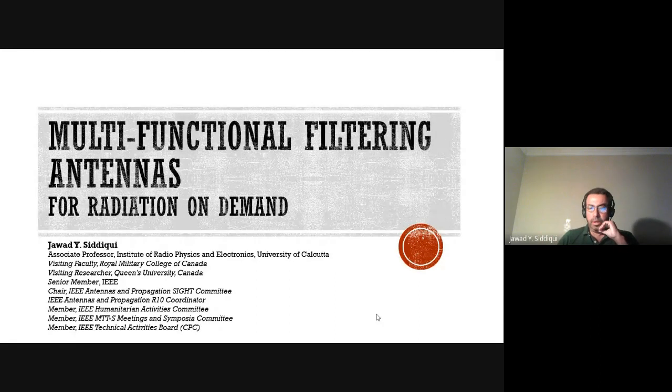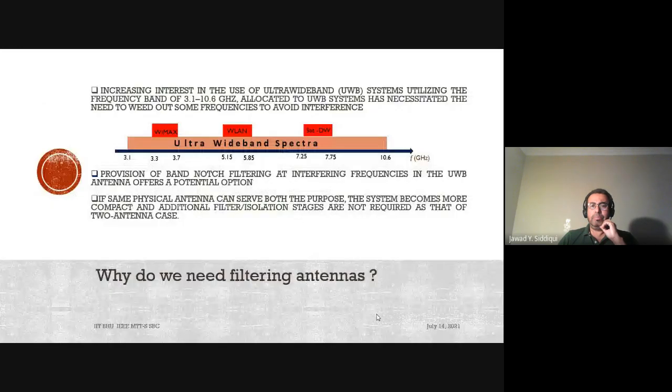Talking about multifunctional filtering antennas, we also had a book published in 2018 on this topic. Basically, why do we need filtering antennas?